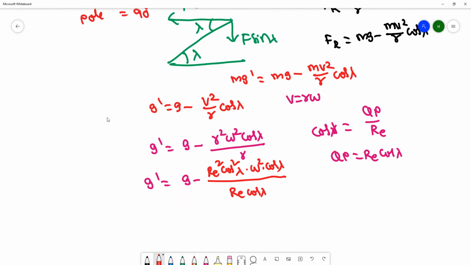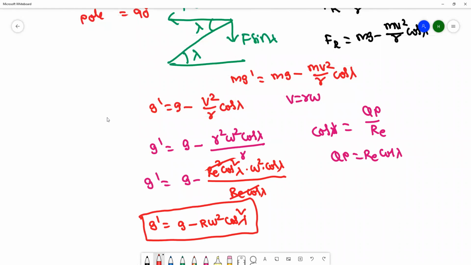The R_E cos lambda cancels, and you get g dash equal to g minus R omega square cos square lambda. This is a very important formula. Otherwise, you can write g_lambda is equal to g minus R omega square cos square lambda.